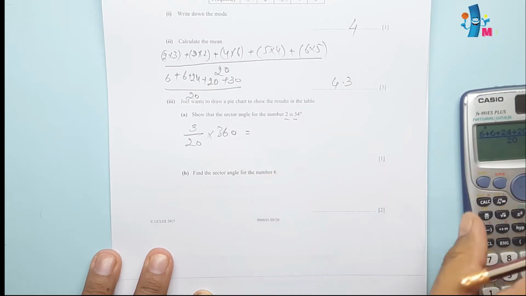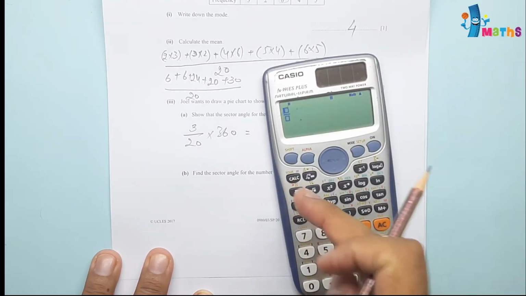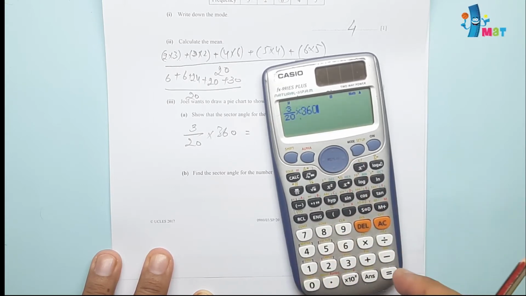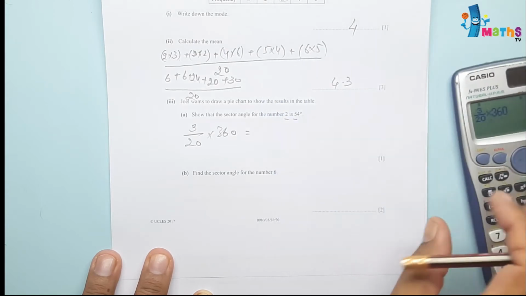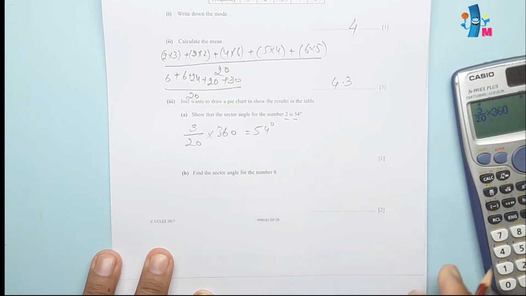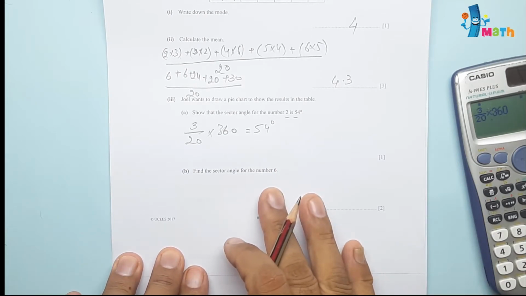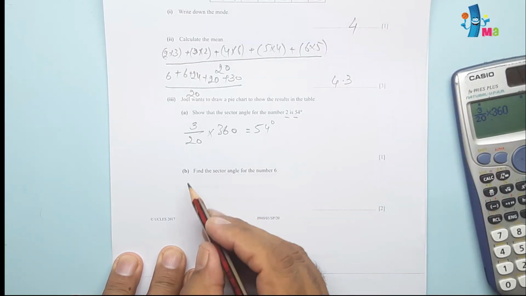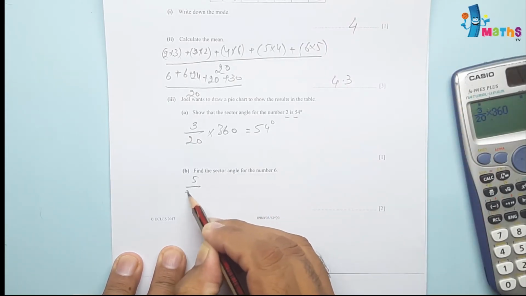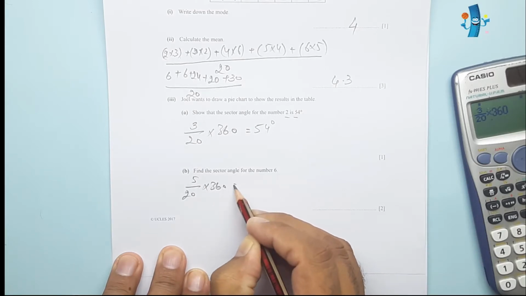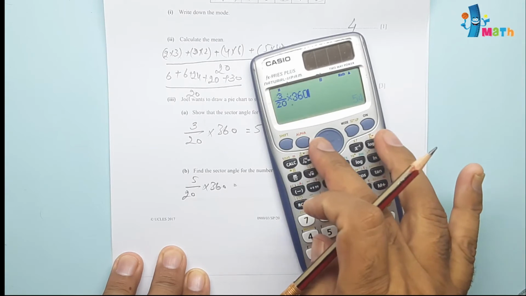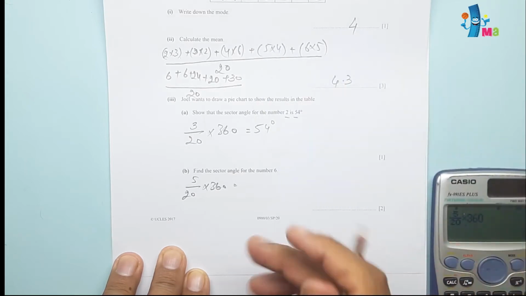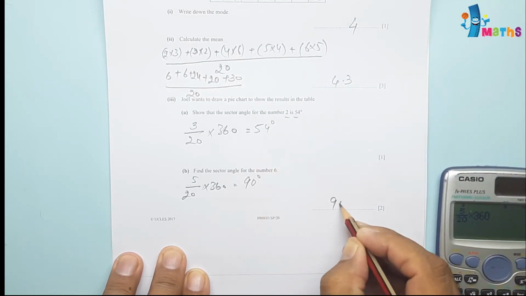We'll calculate this, 3 divided by 20 multiplied by 360, so its angle will be 54 degrees. Then find the sector angle for the number 6. Number 6 frequency will be 5, so 5 over 20 into 360 will be equal to 90 degrees.